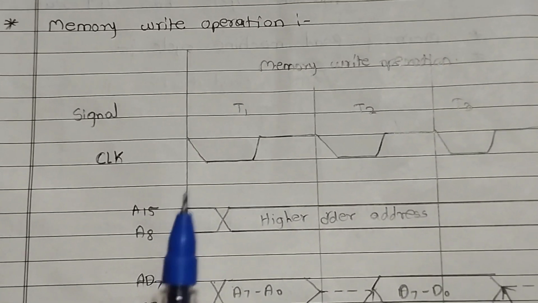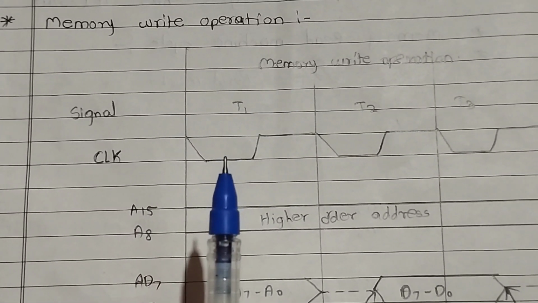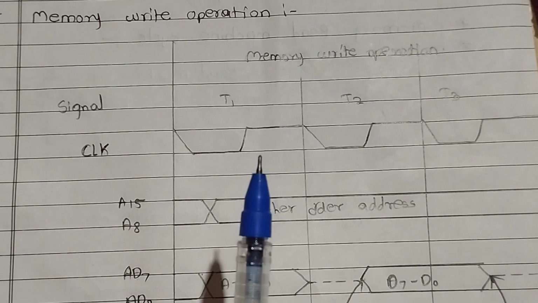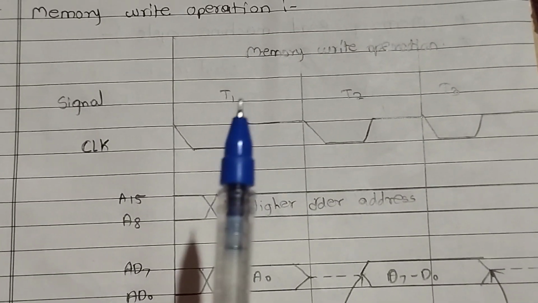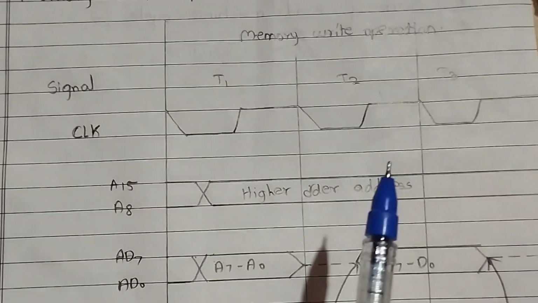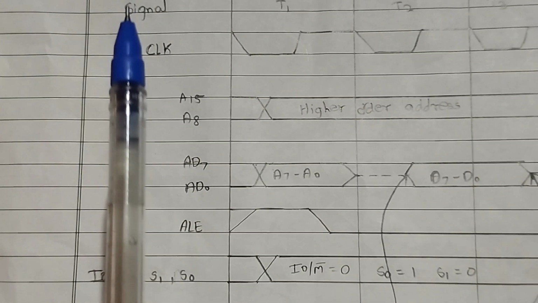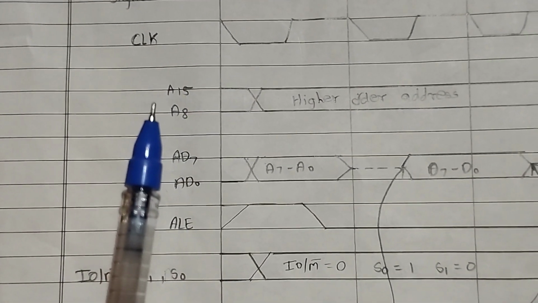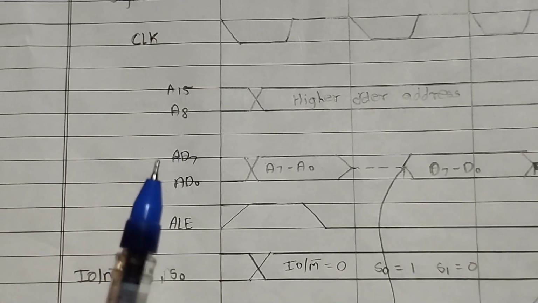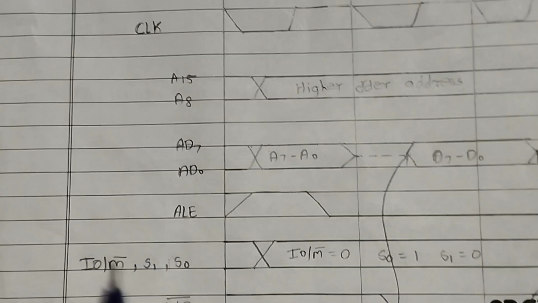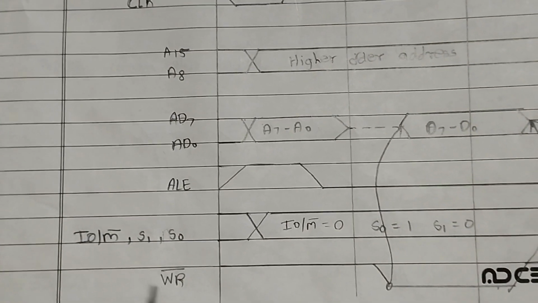Now how to draw the write machine cycle? Again we want 3 T states, so draw 3 T states first. Write all the signals here: clock signal, A15 to A8, AD7 to AD0, ALE signal, IO/M bar and write.